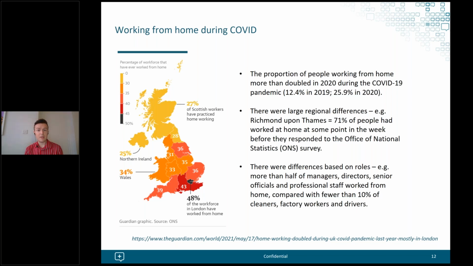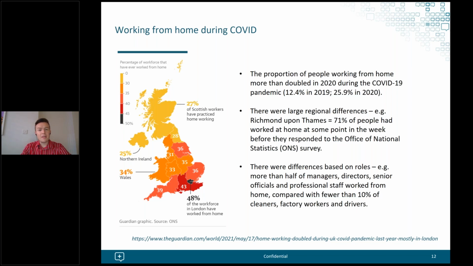And so there's an example on this slide here from within the UK, where in 2020, there was an increase in working from home emissions overall, but there were large regional differences within that between different parts of the UK and also within different professions as well.